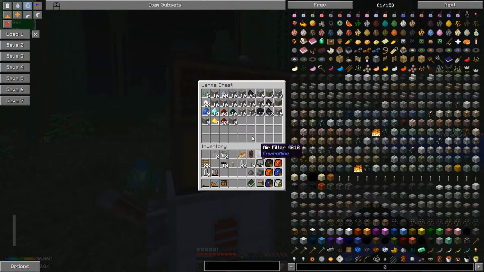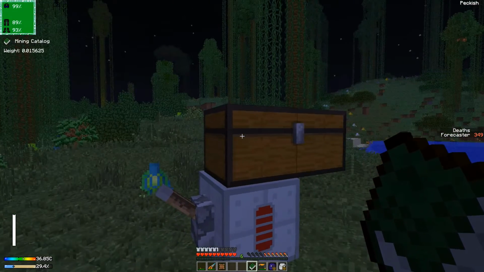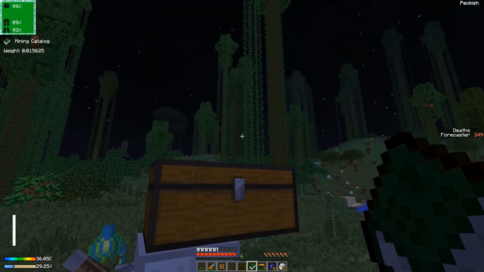We have a lot of iron. I expected maybe 2 stacks or so, and I certainly didn't expect this or this. Now I have used my mining catalog and included these 2 blocks, as you can see, by the particles.